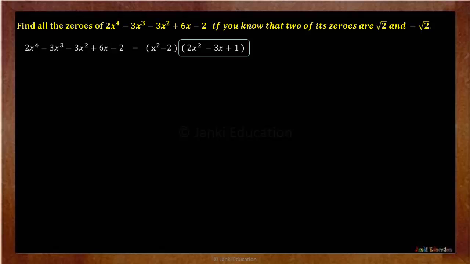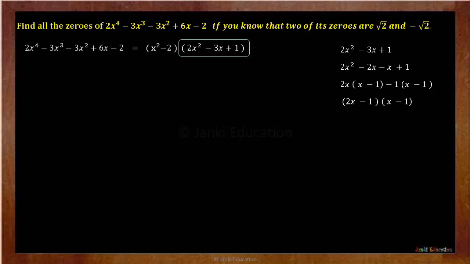So factorization of this 2x square minus 3x plus 1, you can say 2x square minus 2x minus x plus 1. We have split the middle term, and now taking out the common factor 2x, x minus 1, minus 1 times x minus 1, and here again we will have x minus 1 and 2x minus 1.